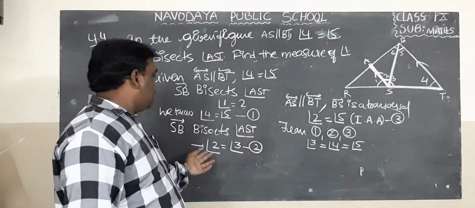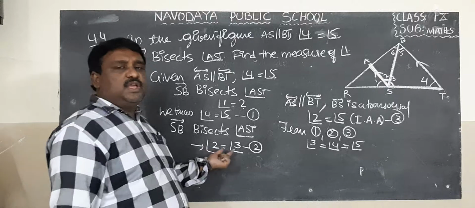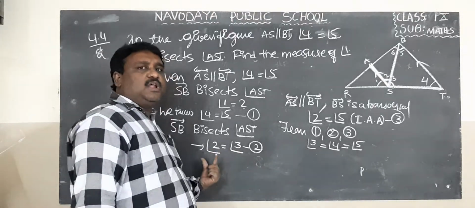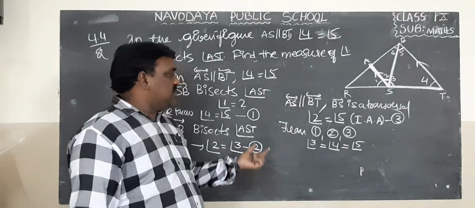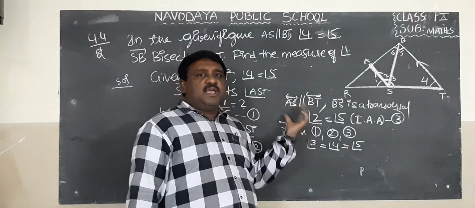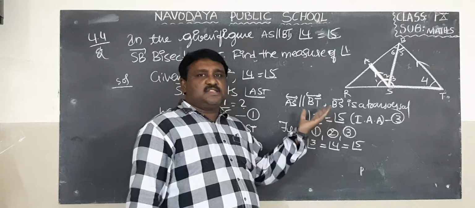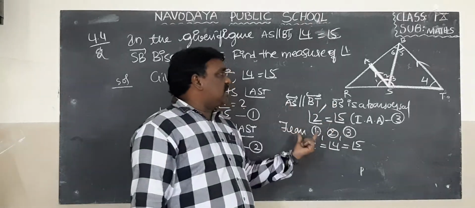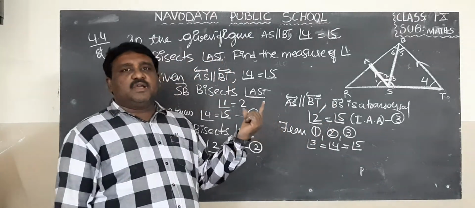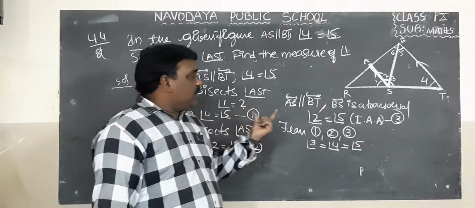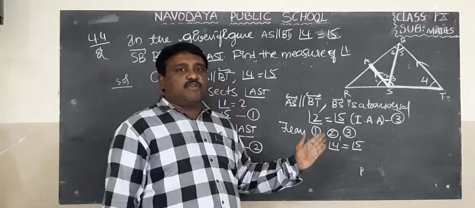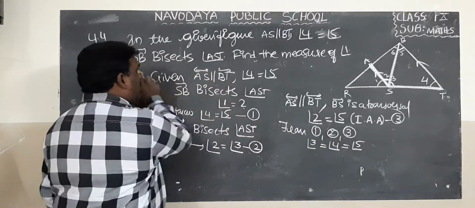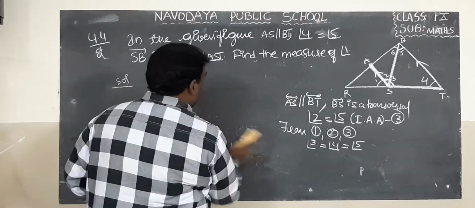What is the second equation? Angle 2 equal to angle 3, according to the angular bisector property. Third equation is what? AS parallel BT, BS is a transversal. Then what are the angles equal? Angle 2 equal to angle 5, interior alternate angles. Let us combine all the three. What we get? Angle 3 equal to angle 4 equal to angle 5.